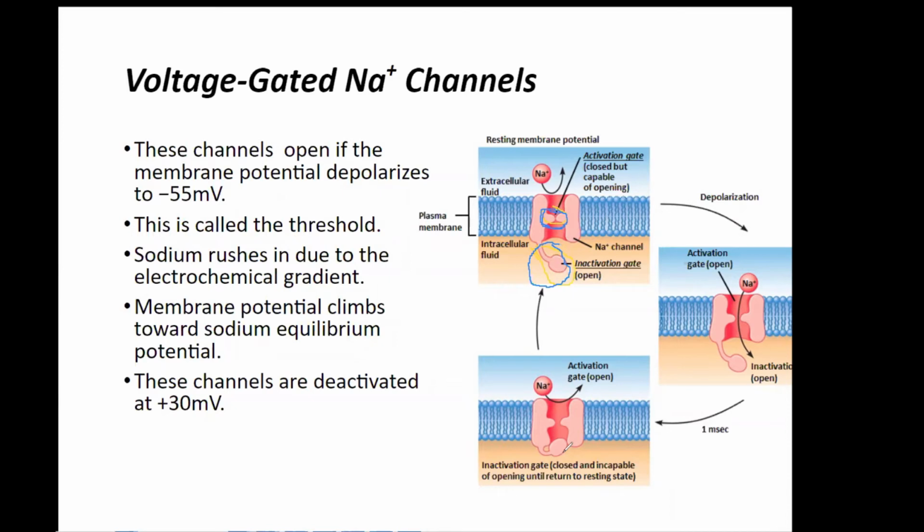That's our inactivation gate. And now that it's closed, sodium can't get into the cell anymore. Note the activation gate is still open here at the end. The only thing closed is the inactivation gate. And it's actually incapable of opening for a little while. So it's closed, can't open until we get back to the resting state.